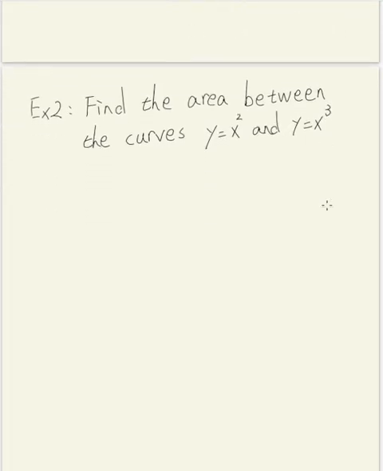Now, when you're only given two curves, of course, they have to intersect. Otherwise, it won't form an area. So the first thing we do is find intersections.